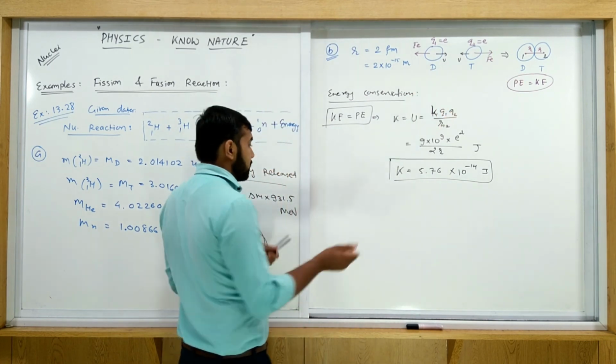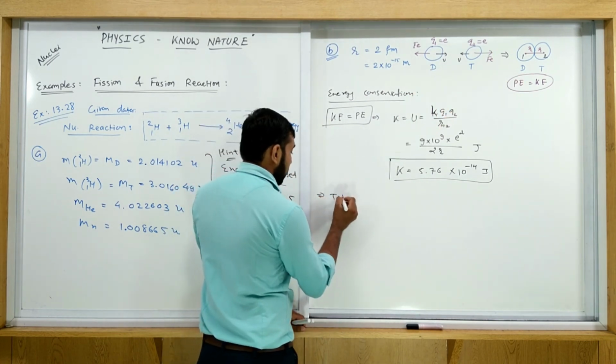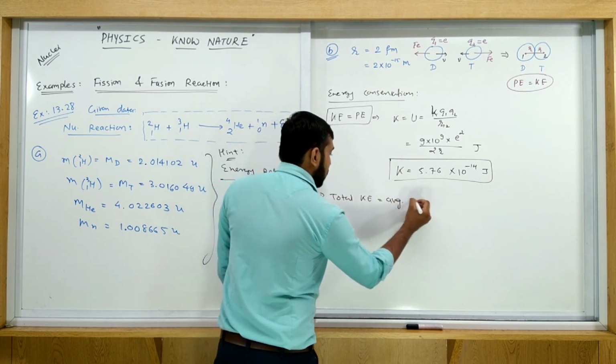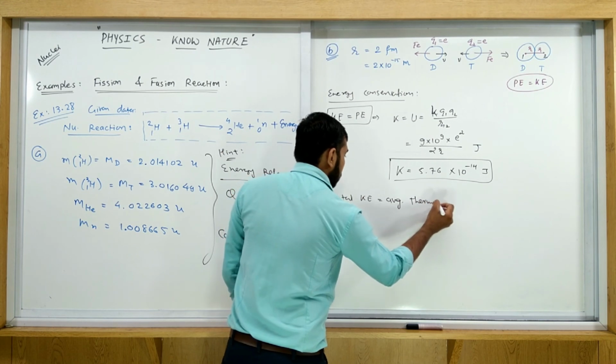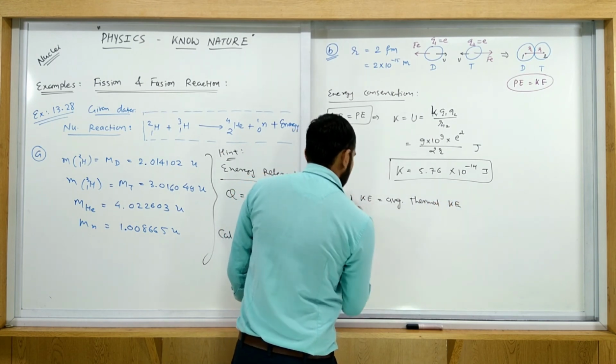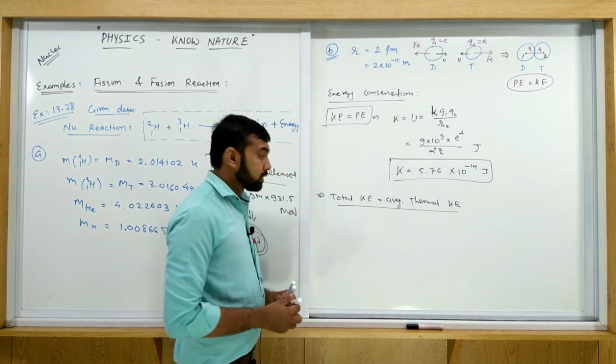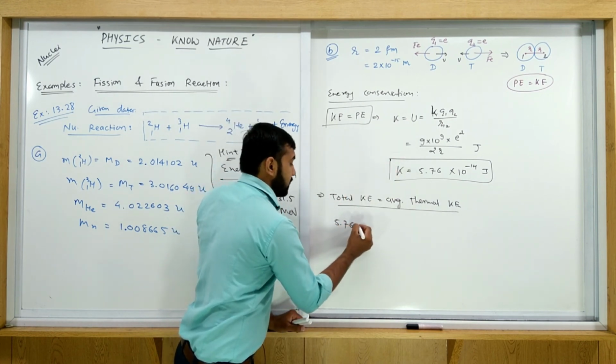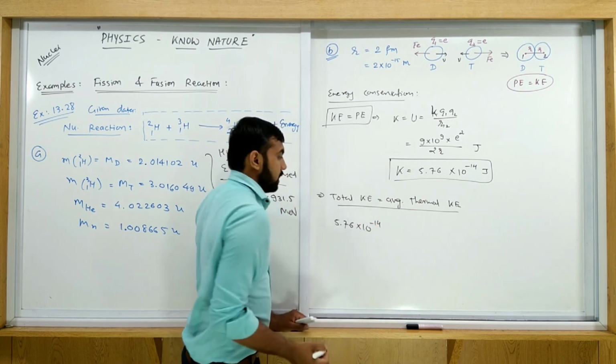So total kinetic energy is equal to average thermal kinetic energy. Let's put in the value: 5.76 into 10 raised to minus 14.